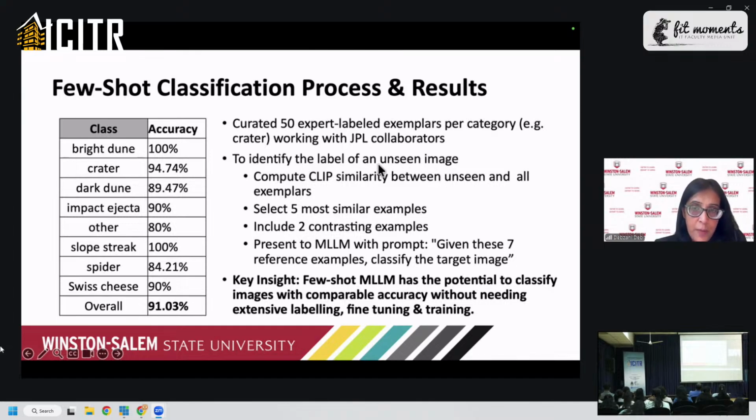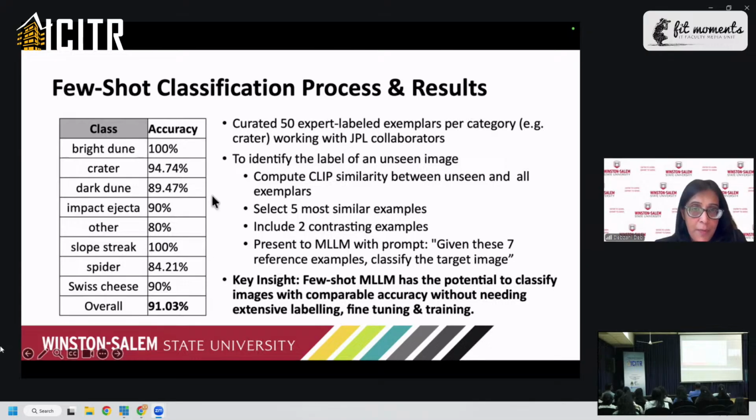So we present an image to the system and ask it to compute the CLIP similarity between the unseen image and all those example images. CLIP is another vision language model, which is very good at generating descriptions based on images very accurately and concisely.